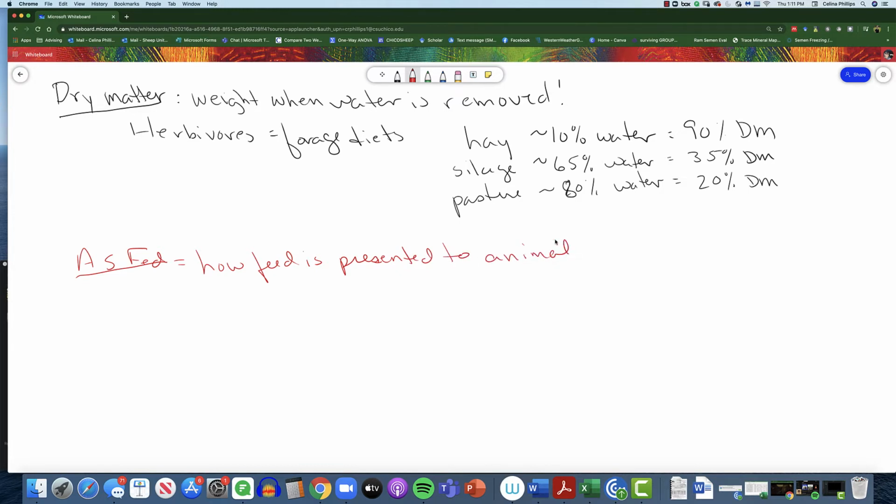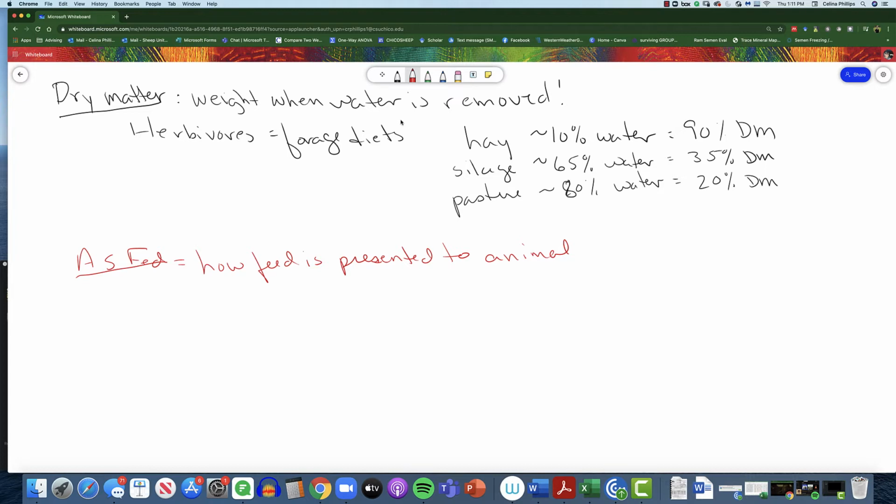So when we offer our sheep a diet, they're grazing fresh pasture, and that pasture is high in moisture, that's the as-fed. Generally, when animals are fed pounds of feed on an as-fed basis, the nutrients will be diluted because of the water in the feed.